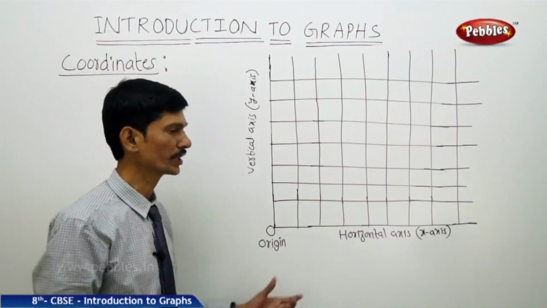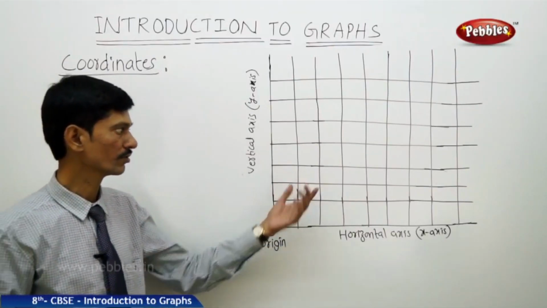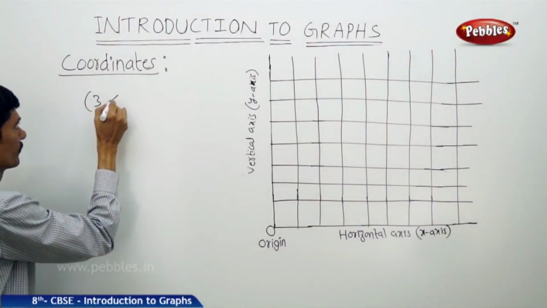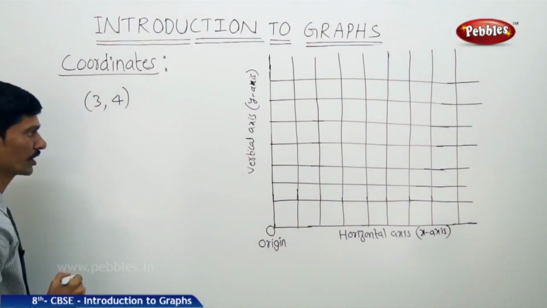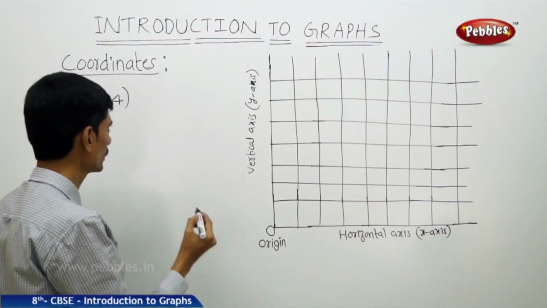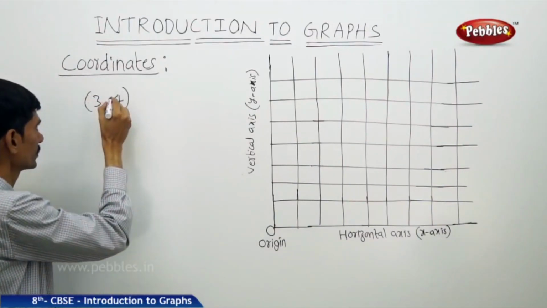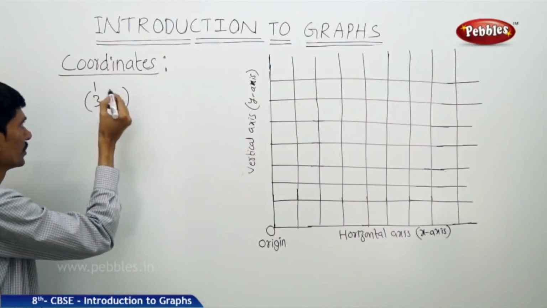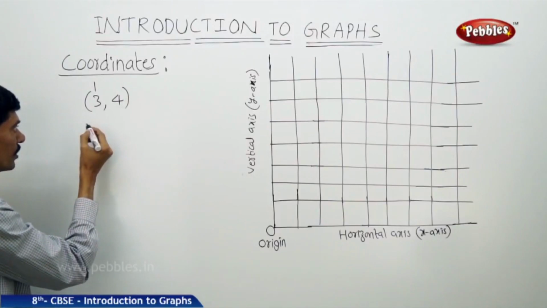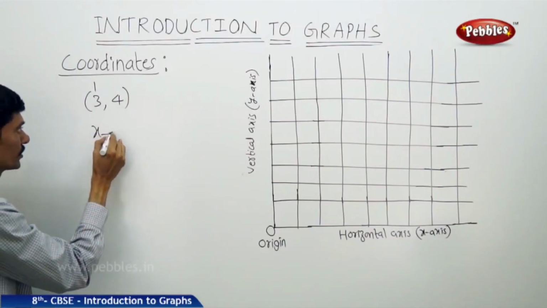Now if you want to locate a point on this coordinate plane, for example 3, 4, then how do we locate the point 3, 4 in the Cartesian plane? Here the first number 3 is called the first element or first coordinate, also known as the x coordinate.